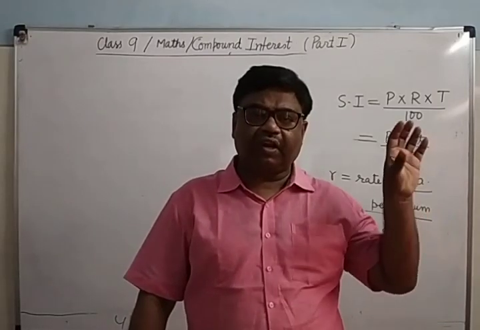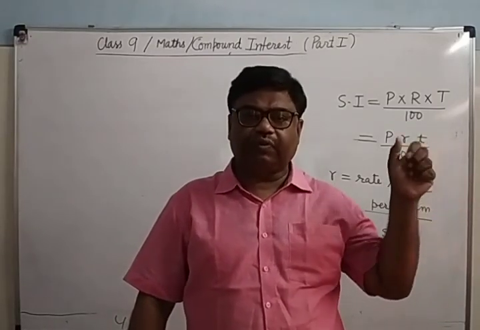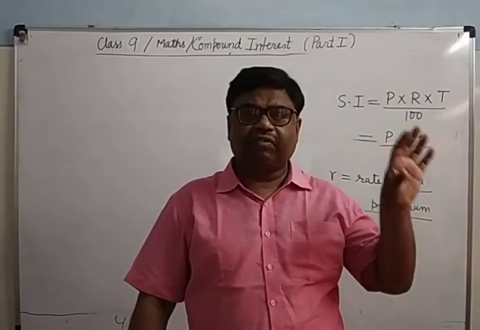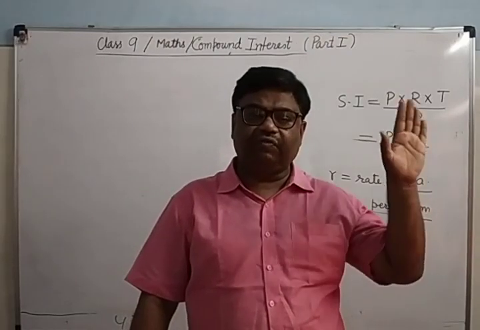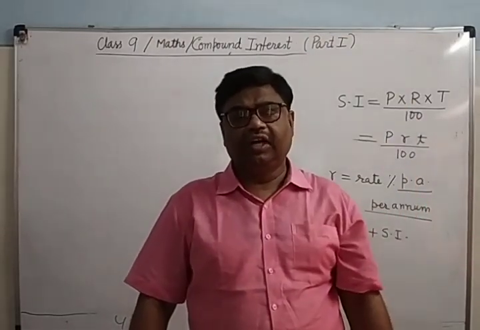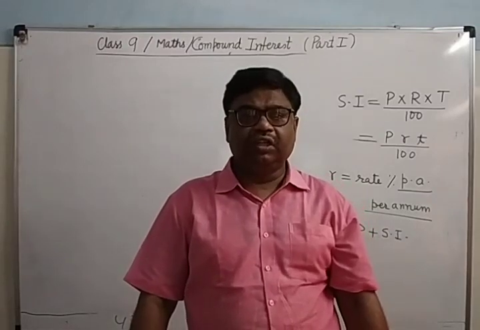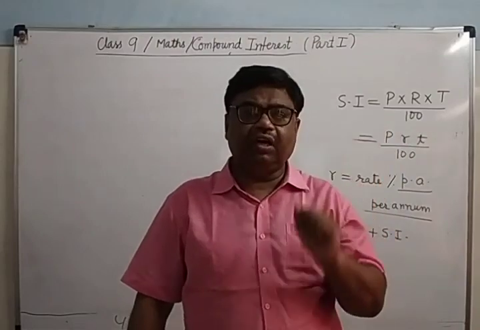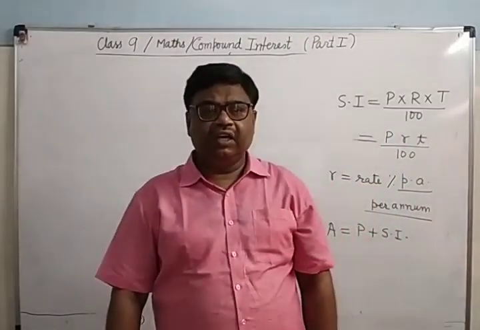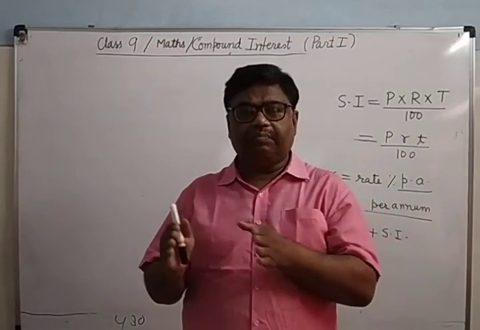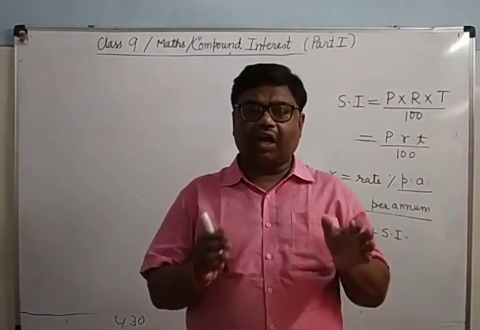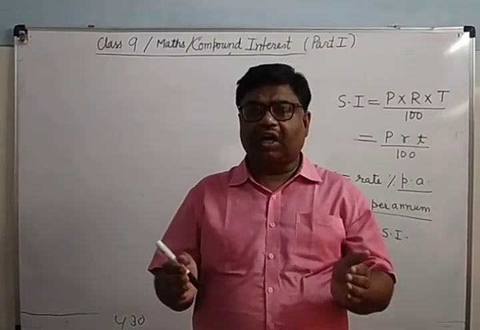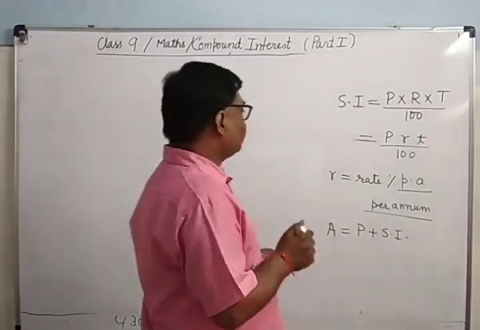Then the principal for the first year, the second year, and the third year will always be 10,000. There will be no change in the principal, and simple interest is calculated on the principal. That's why instead of calculating year by year, we calculate all together, meaning we calculate the simple interest of all three years at once.